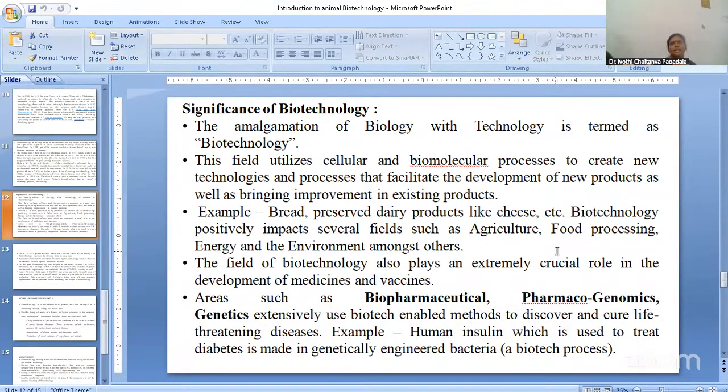So here are the many areas of biotechnology, the amalgamation of biology with technology.